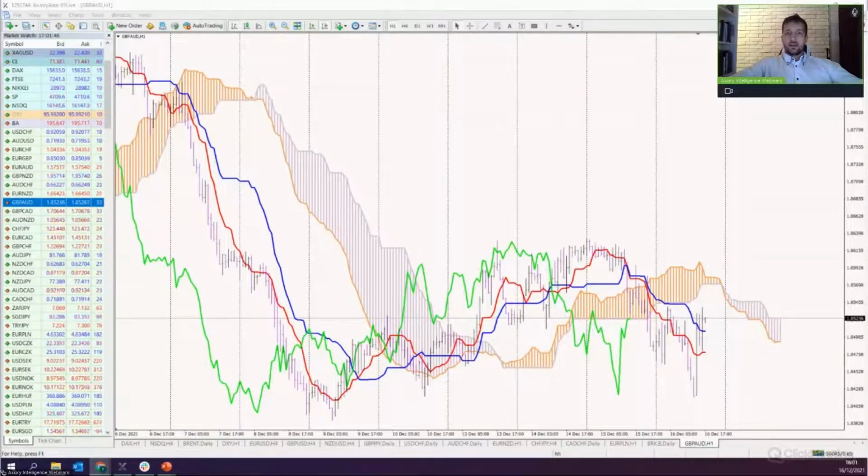Ichimoku is an all-in-one trading indicator, a trend and momentum indicator, and as it is all-in-one, you cannot just limit it to one crossing, one signal, because that's the whole idea about Ichimoku. Ichimoku can be translated to one look, which means that you put Ichimoku on the chart, and with one glimpse, you see what is going on in the market and if you should buy or sell.